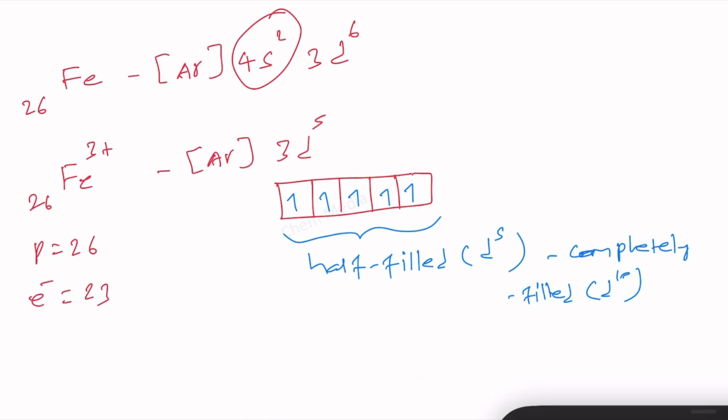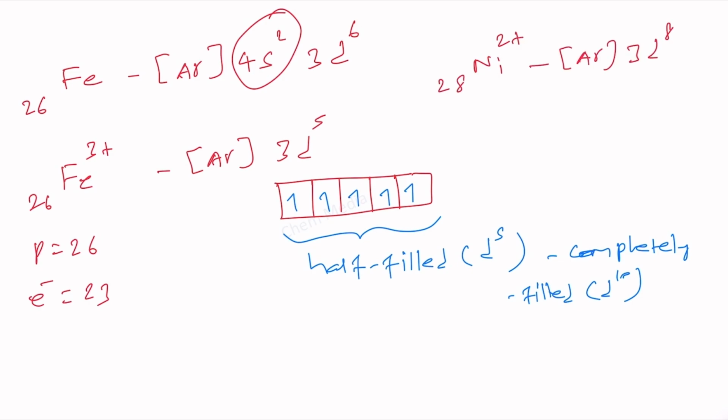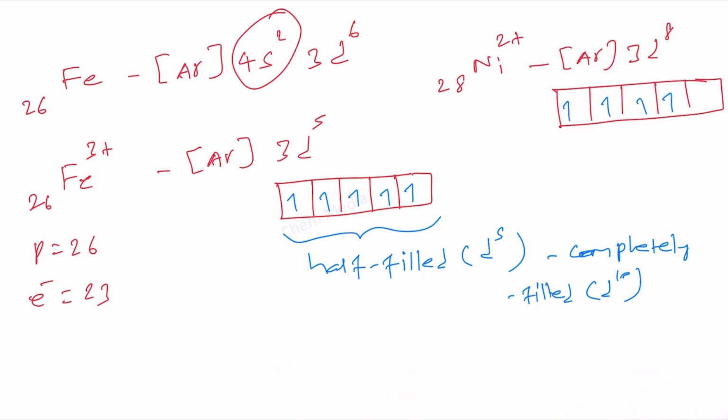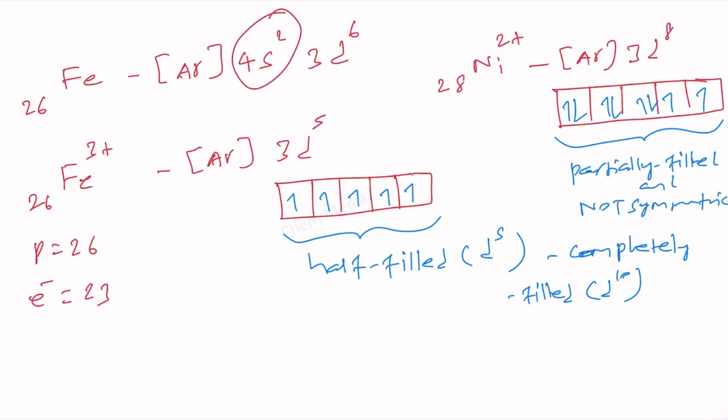What we have for nickel 2+ is 3d8, isn't it, which is partially filled. So, we have 8 electrons there: 1, 2, 3, 4, 5, 6, 7, 8. So, this is partially filled and not symmetric, whereas this one is half filled and completely symmetric. Therefore, Fe3+ is more stable than nickel 2+ for 2 reasons. One is symmetry and the second is exchange energy.